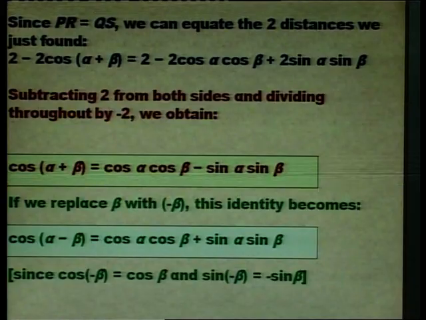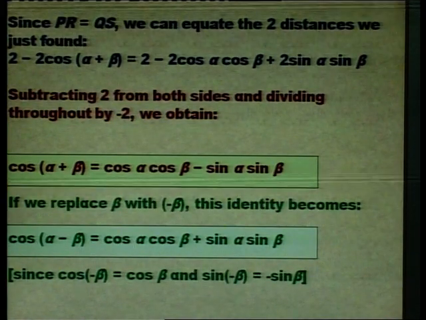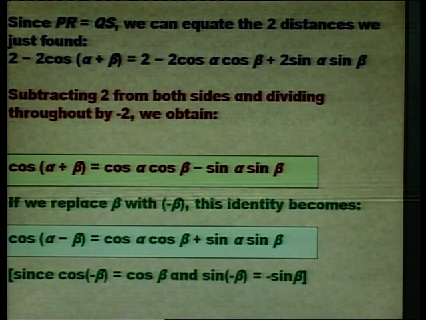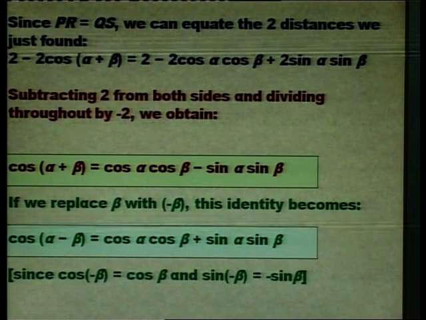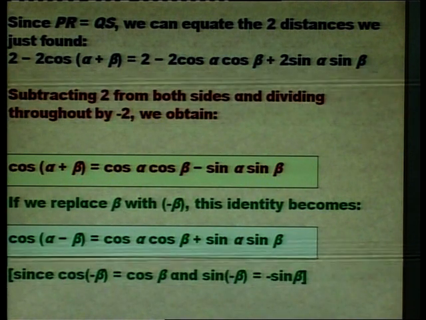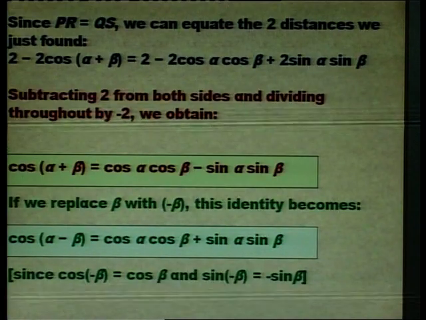So, on the right hand side we will have the expression cos alpha cos beta plus sin alpha sin beta.